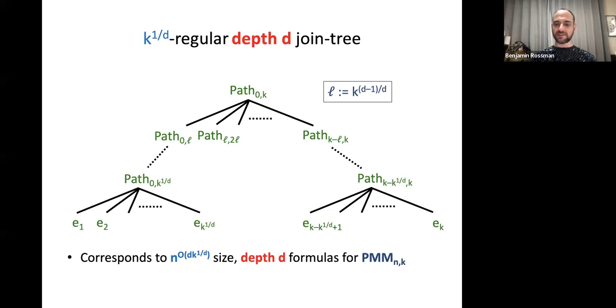Okay, so this recursive scheme is a generalization of this recursive doubling when your depth is constrained to be d. And this gives the formulas of size n to the d times k to the 1 over d.